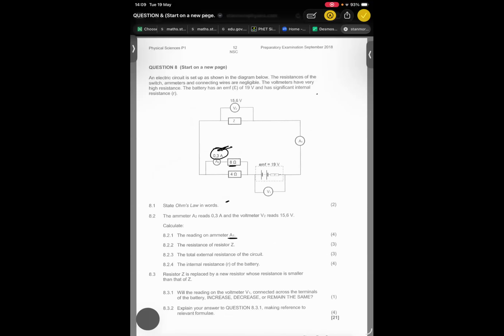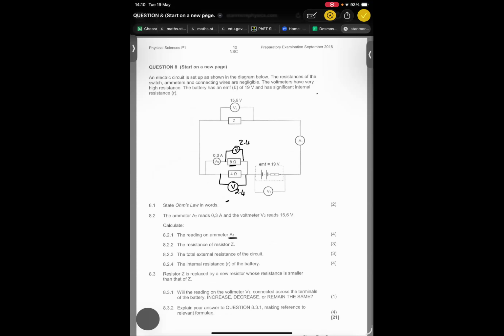Basically, the voltage here is going to be 2,4. And what's going to be the voltage across the 4 ohm resistor? It's going to be 2,4.